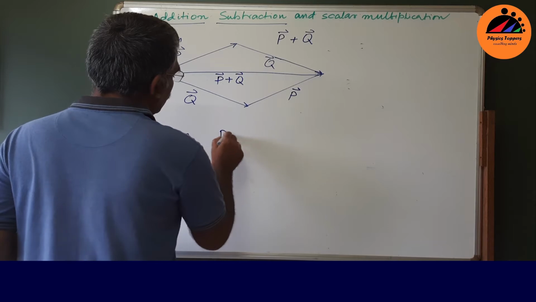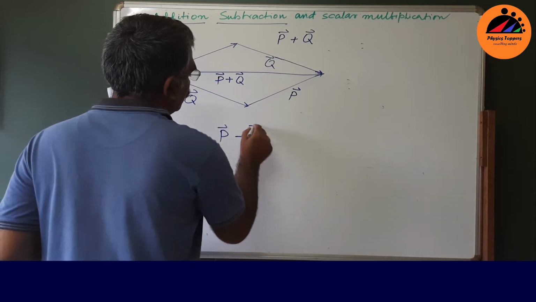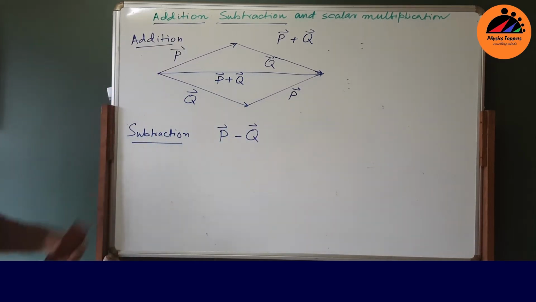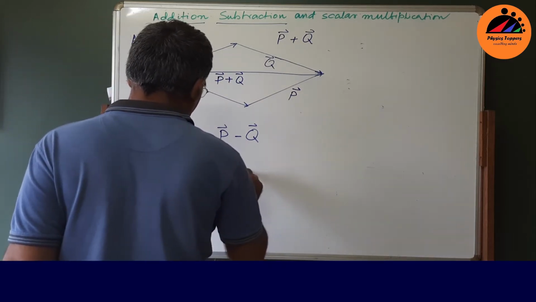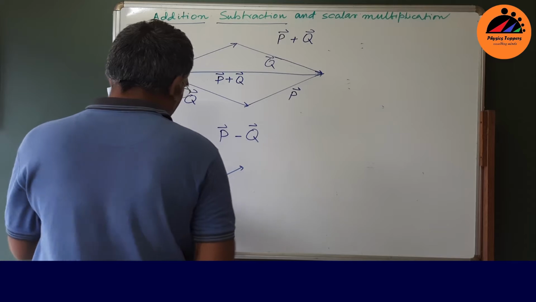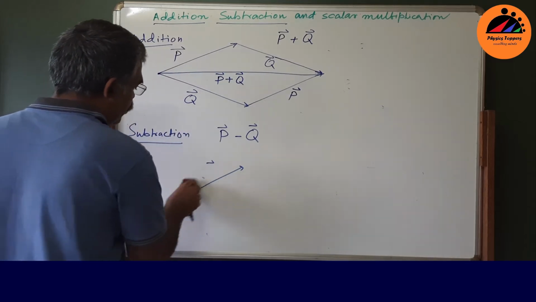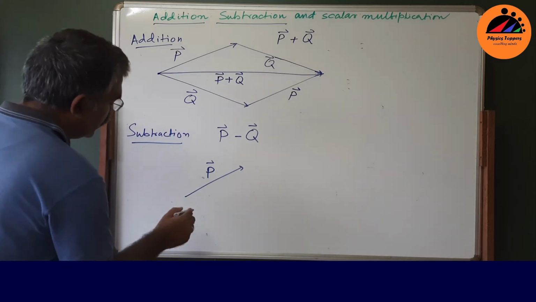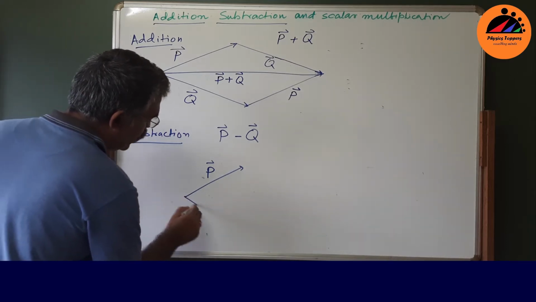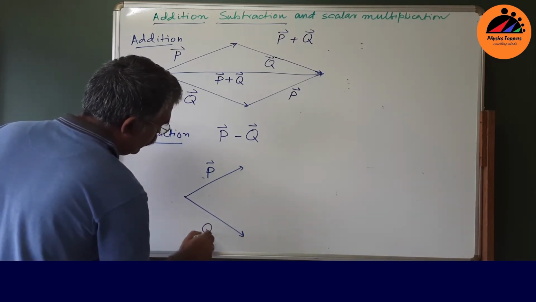So I want p minus q. Again, you need to know something here. Suppose this is p. This is p. And similarly, you have q. Okay.